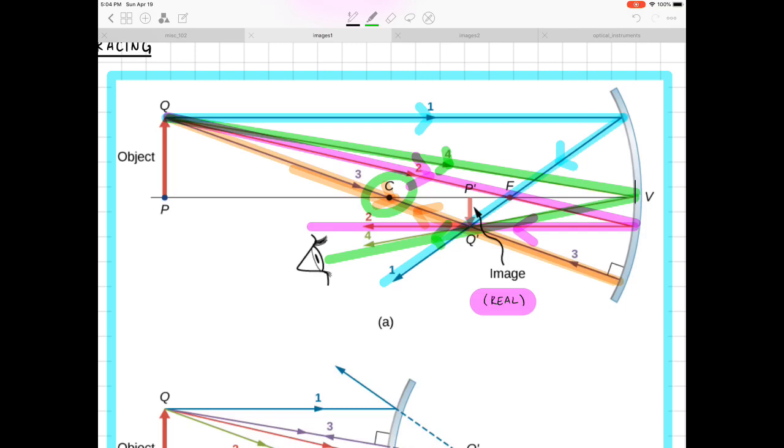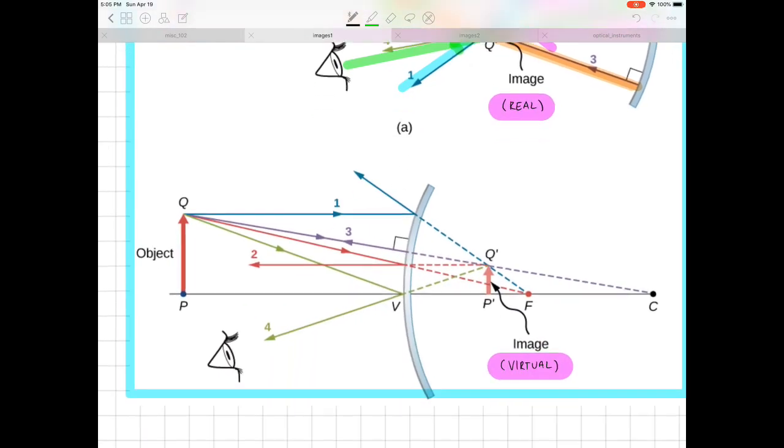And then ray 4, again, you can draw it, but it's a little difficult to make sure that you've drawn the right ray, because you basically are trying to guarantee that those two angles are the same. So this is ray tracing for a concave mirror.